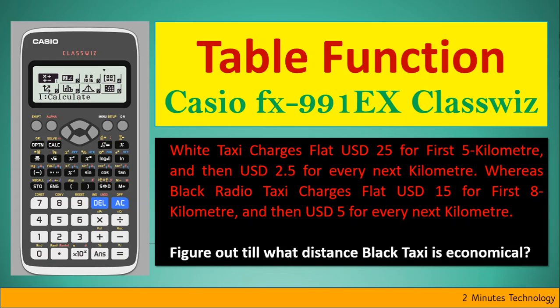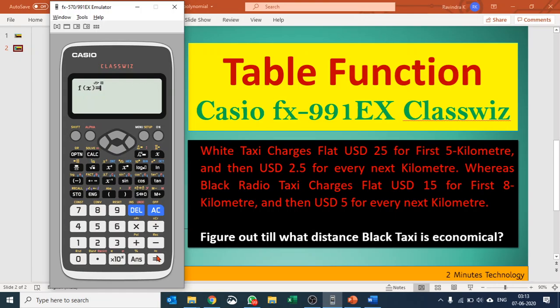So let me open up the ClassWiz software, and it is asking me for the first function. We can consider white taxi charges to be the first function. You need to notice that for white taxi the flat charge is for 5 kilometers, whereas for black taxi it is for 8 kilometers. So we need to equate both of them. We can add an additional 3 kilometers, so it will be 2.5 times 3, that is 7.5, plus 25 would be 32.5, and it is still higher than the black taxi, so there is no problem.